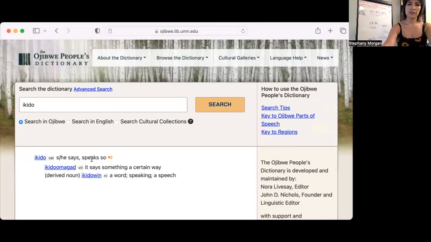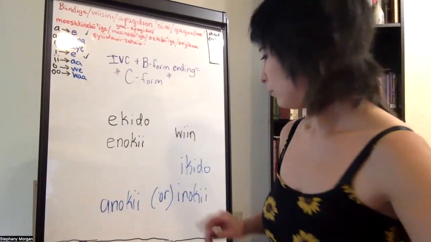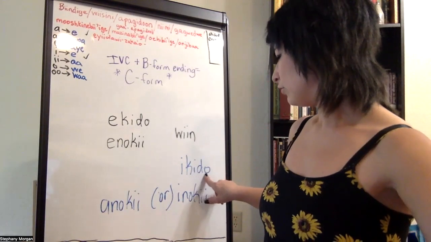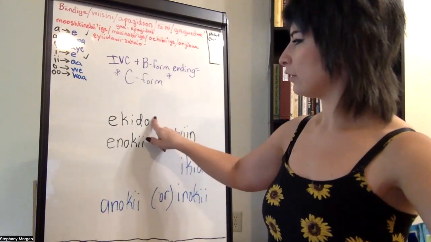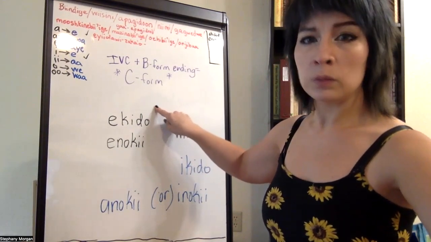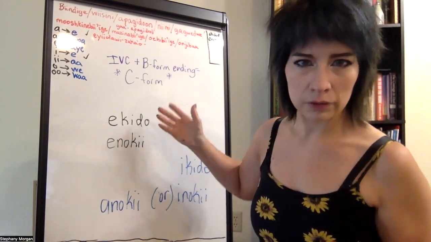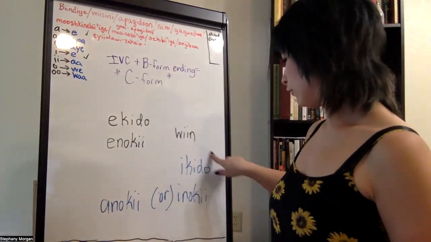Ikido means he or she says or speaks. So, well, I'm going to pause my share. Stop share. And we know ikido, he or she speaks. So we know that ikidod meant the one who is speaking, the one who is talking. So that's how you figure this out.